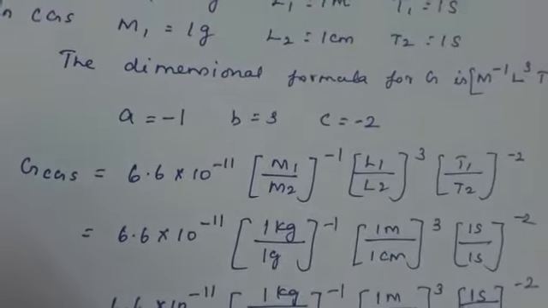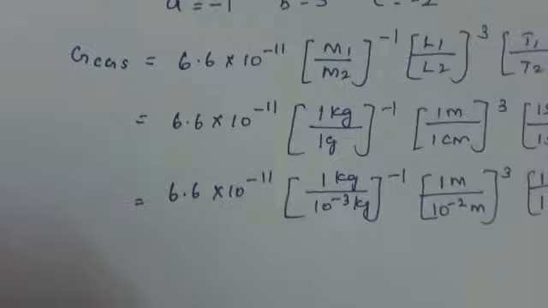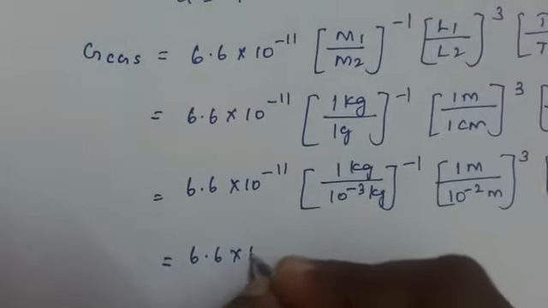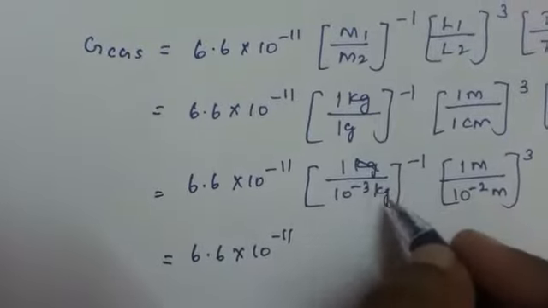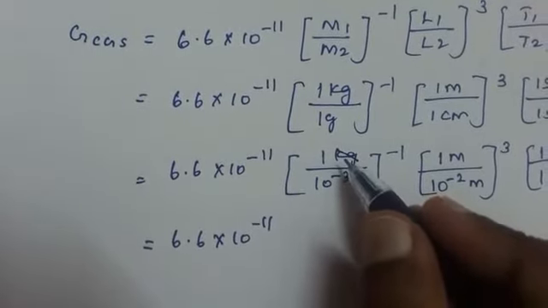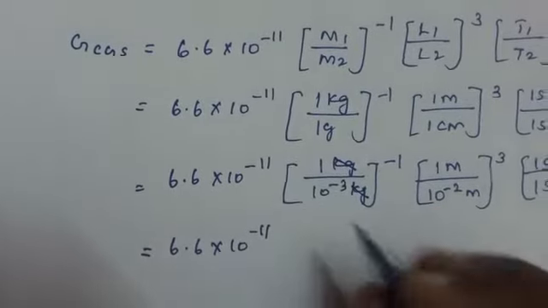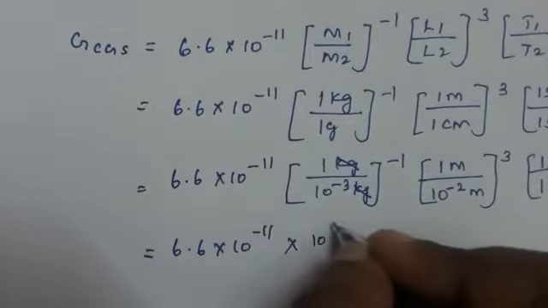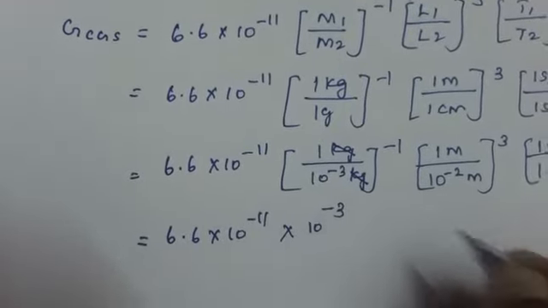Now this can be written as 6.6 into 10 raised to minus 11. Here kilogram and kilogram will get cancelled. Here the 10 raised to minus 3, if you take it to the numerator, it is 10 raised to 3. 10 raised to 3 into minus 1, 10 raised to minus 3.